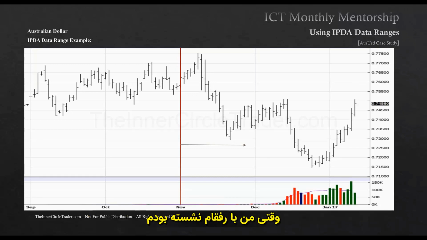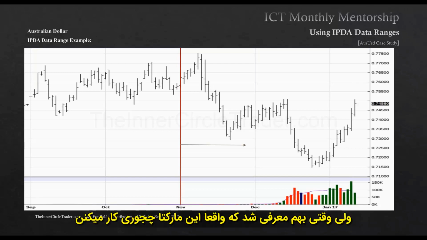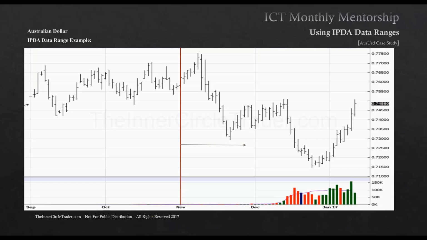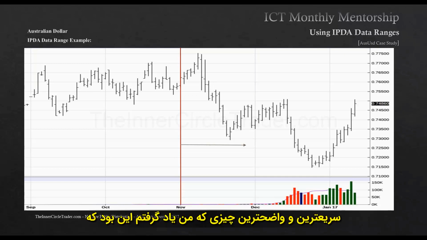When I was sitting down with the folks that were introducing these ideas to me, and no, they're not in the teaching circuits, you're never going to meet these people, when I was introduced to how the markets actually work and operate, the fastest and most obvious thing I learned was there was no ambiguity to how price moves around.